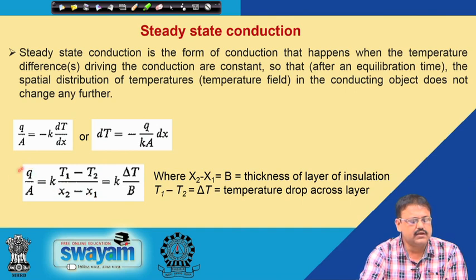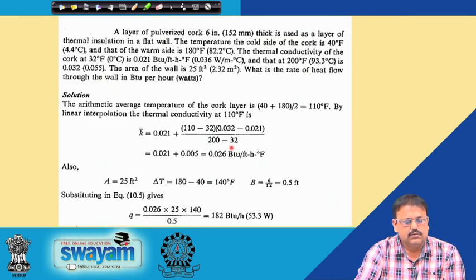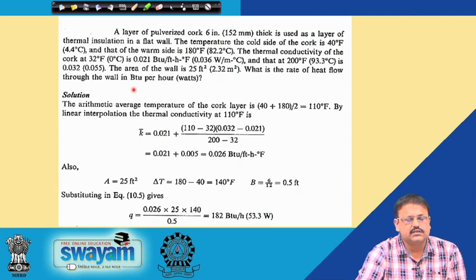So, this thermal flux is nothing but k delta T by b, where b is the thickness of the material. Here is a simple illustration. A layer of cork 6 inch thick is used as thermal insulation in a flat wall. The temperature on the cold side of the cork is 40 degree Fahrenheit and the warm side is 180 degree Fahrenheit.